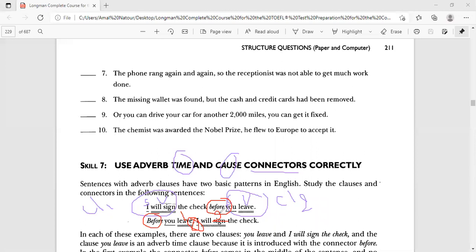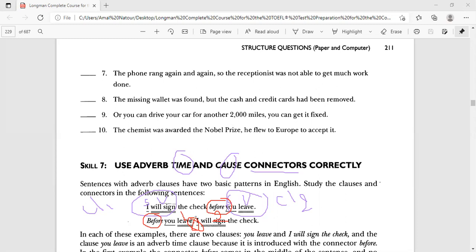In each of the examples, there are two clauses: you leave and I will sign the check. And the clause you leave is an adverb time clause because it is introduced with the connector before. In the first example, before comes in the middle of the sentence, and no comma is used.